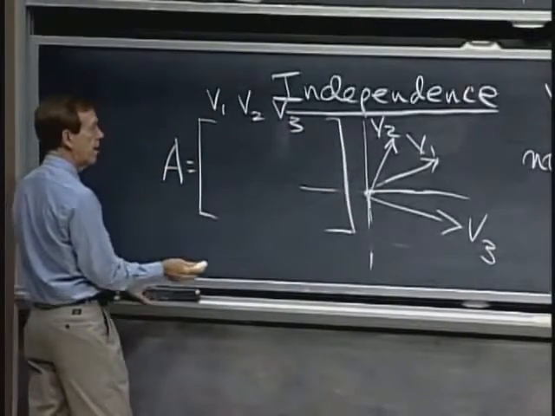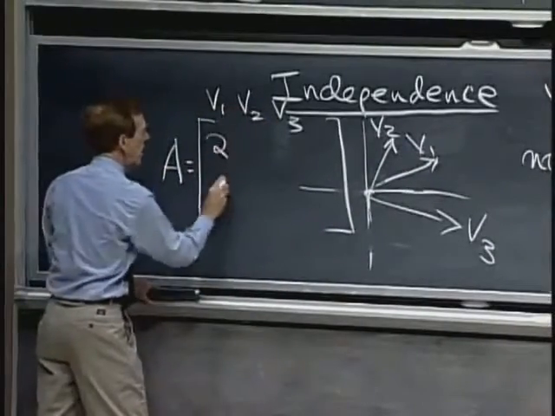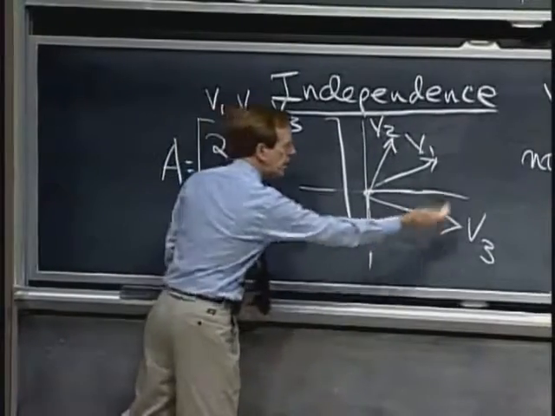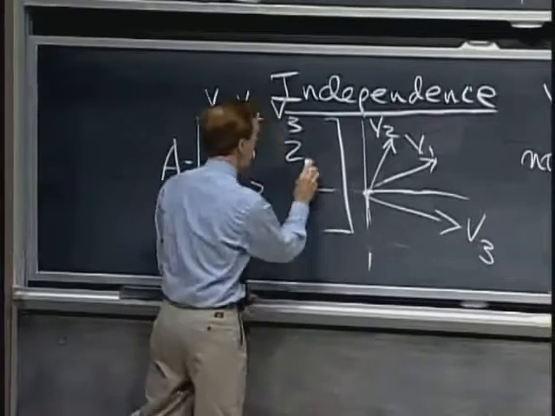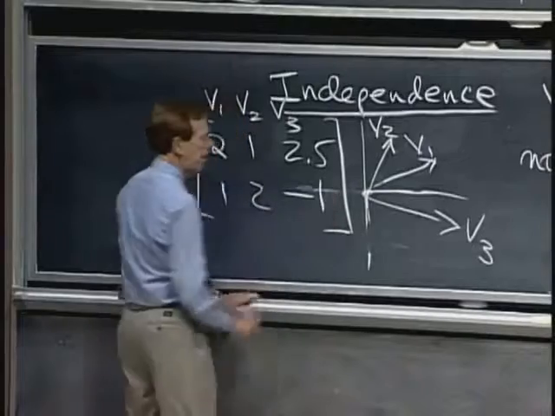So it's got 3 columns, and v1 looks like about 2, 1 to me. v2 looks like it might be 1, 2. v3 looks like it might be maybe 2.5, minus 1.